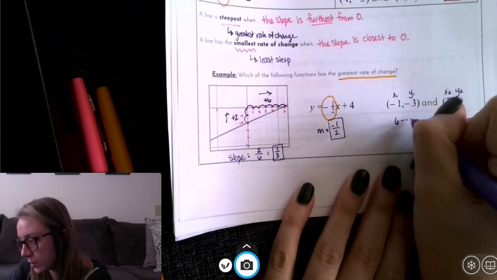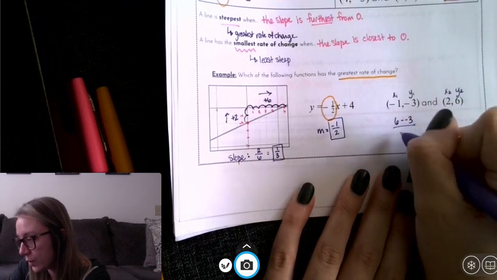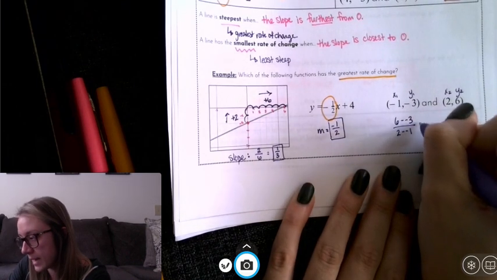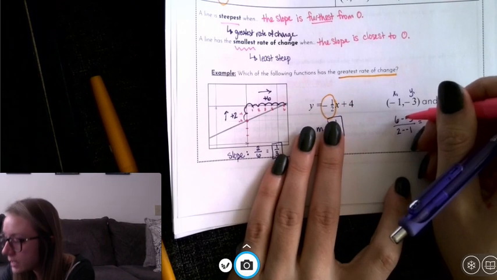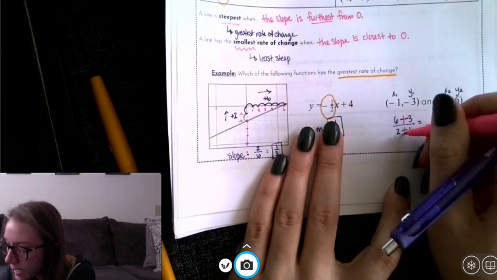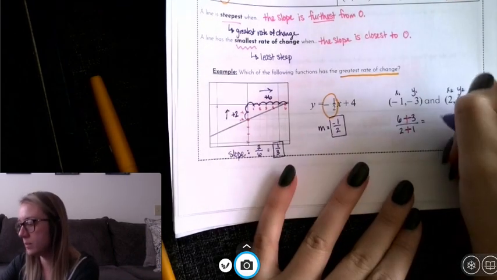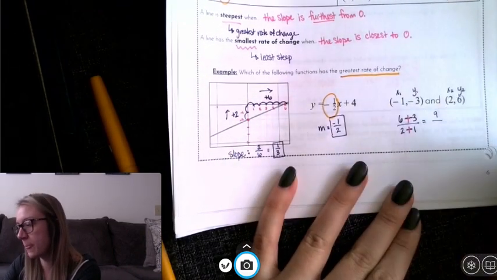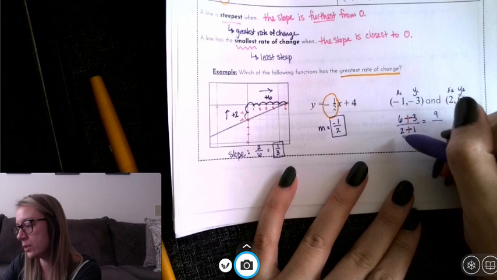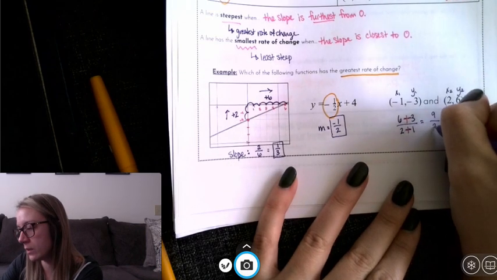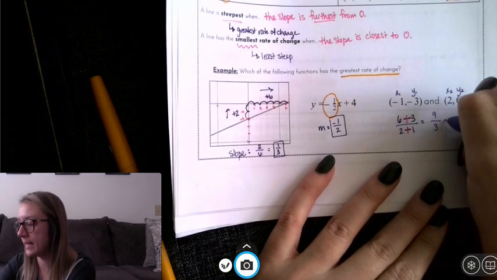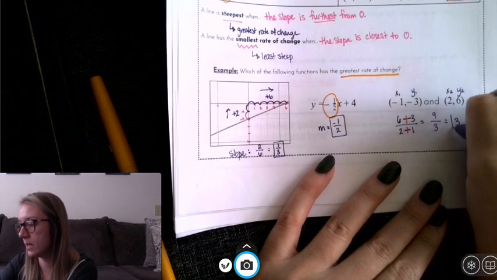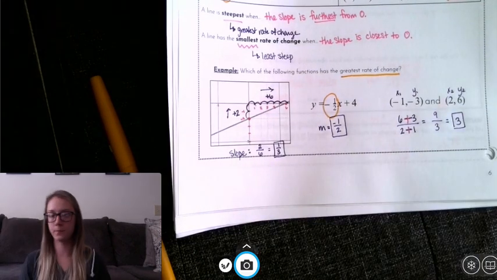So y2 minus y1 over x2 minus x1. When we subtract a negative, it turns into a big plus sign. So 6 plus 3 is 9. And then 2 plus 1 is 3. So 9 divided by 3 gives me 3.